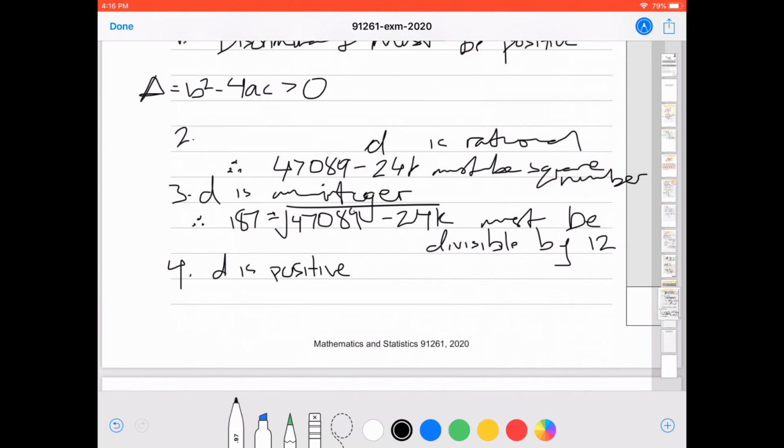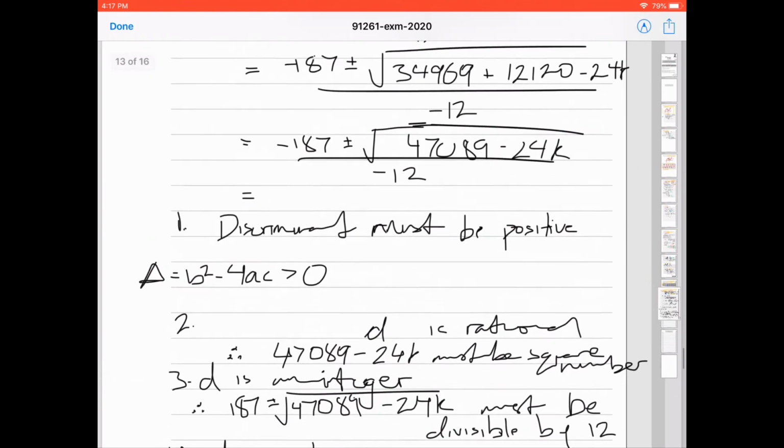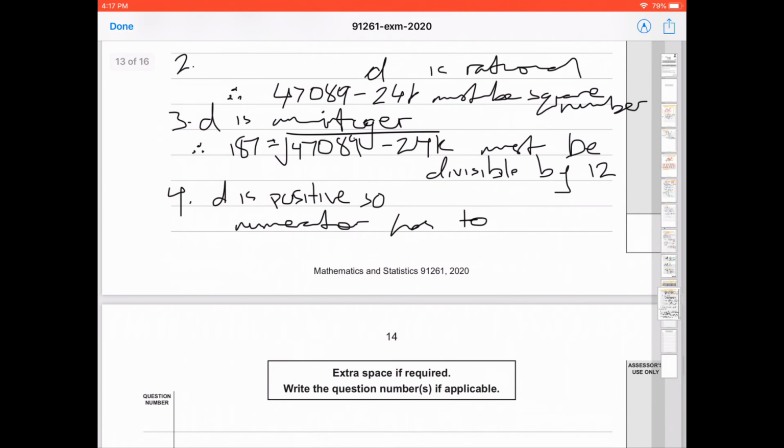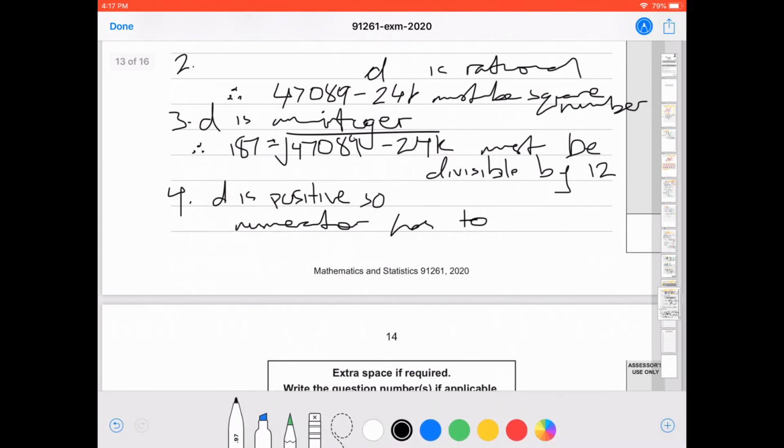So the numerator has to be basically the same operation as the denominator, which in this case is negative 12. So we want the numerator to be negative.